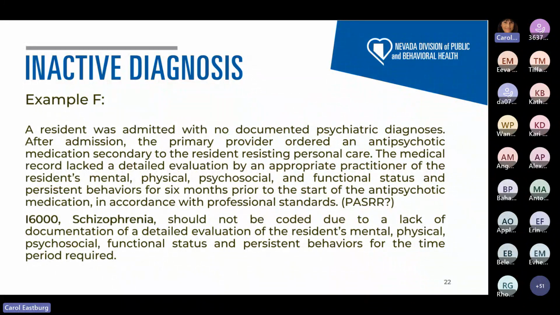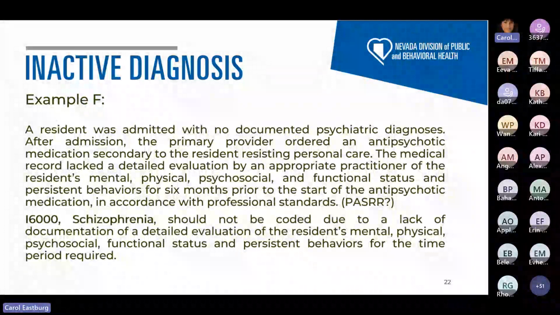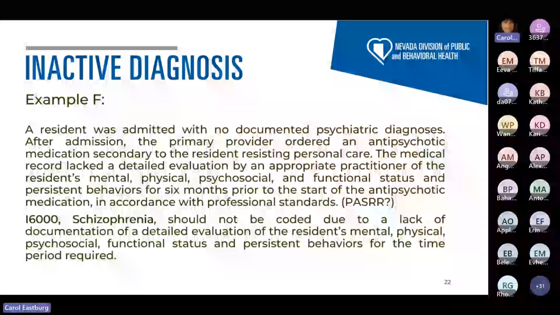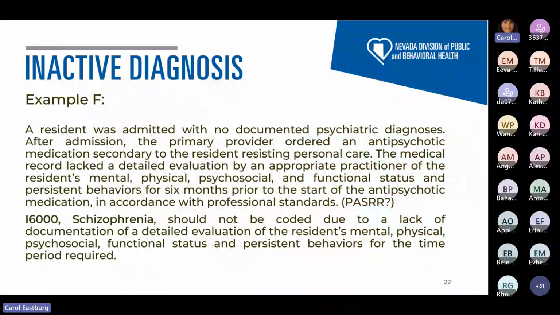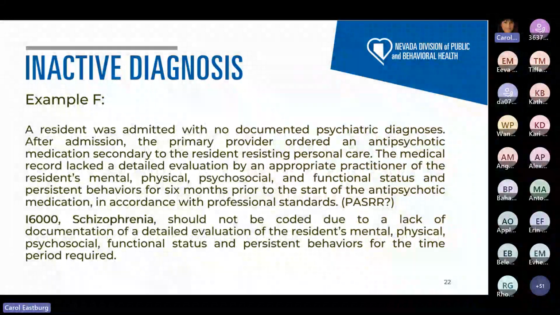Or perhaps they kept loudly vocalizing the same thing over and over, like, help me, or want to go home. Or maybe the resident kept trying to, or actually did, elope. In any of these instances that I just listed, use of an antipsychotic medication would be considered a chemical restraint, which is prohibited and could be cited as a deficiency.